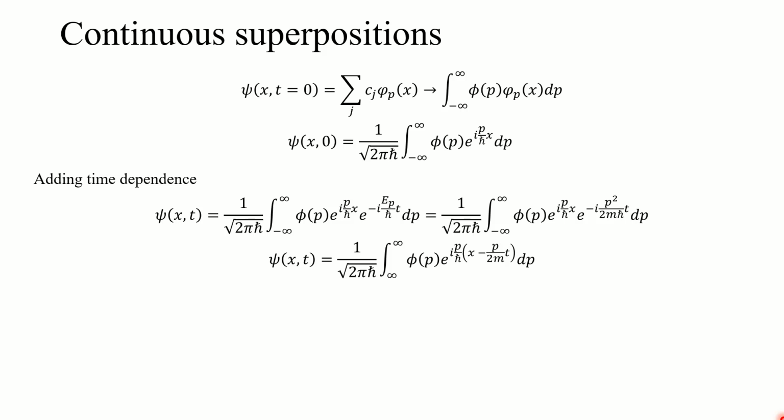And we get this as our time dependent wave function that is a superposition of those momentum eigenfunctions. To actually use this and look at an example, we need to know what that momentum space wave function is. We need to know what this phi of p is. It's the equivalent of asking what are the coefficients that are making up that superposition.